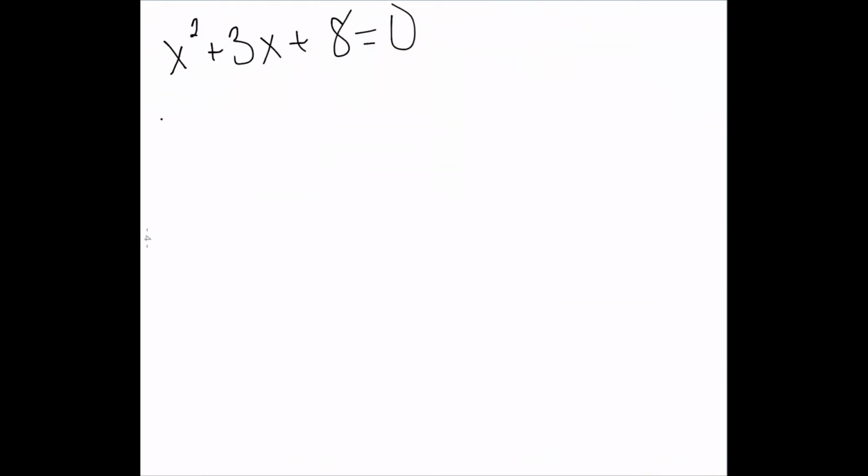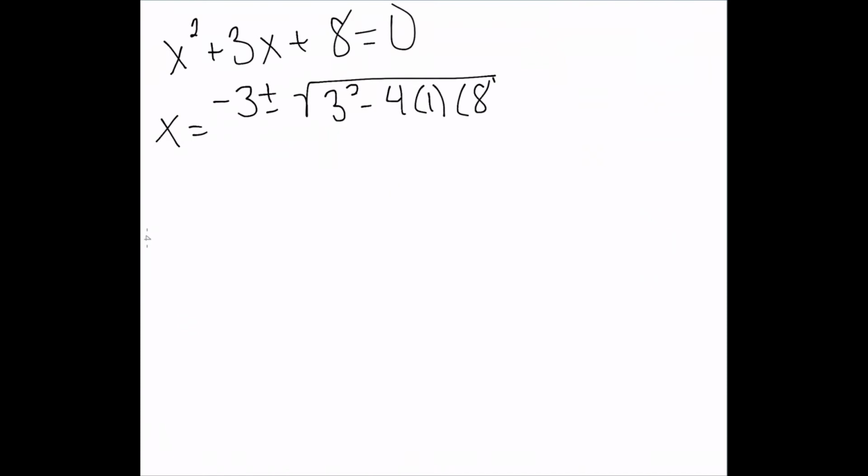Now let's look at this one. Negative b is negative 3 plus or minus the square root of b squared minus 4 times a, which is 1, times c, which is 8, all over 2 times a, which is 1.